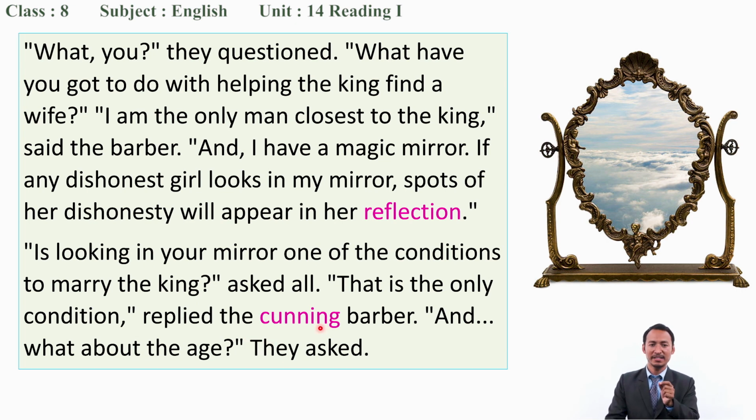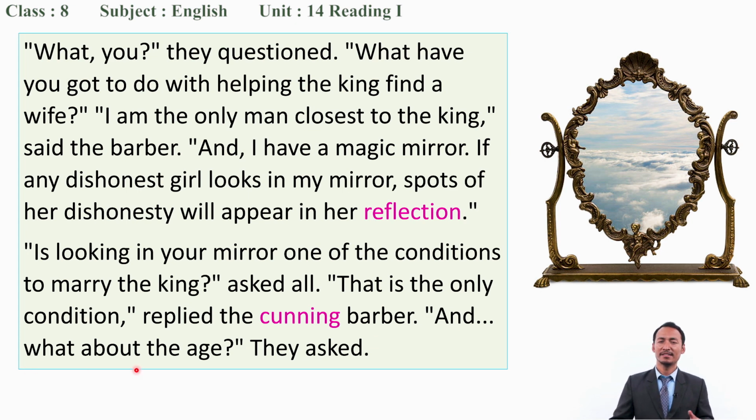Barber was very cunning. Cunning हेर्नुस् त. Cunning means very skillful, very clever. He was making one idea. And he said that is the only condition. एउटै मात्रै condition, एउटै मात्र शर्त चाहिँ यो magical mirror मा हेर्न पर्ने हुन्छ. It was said by himself.